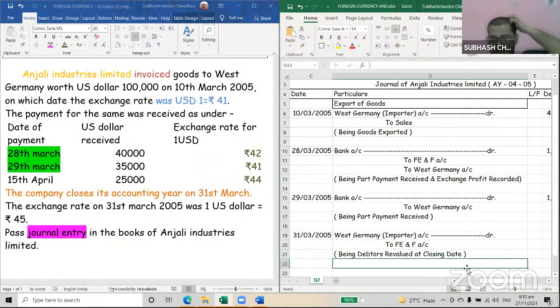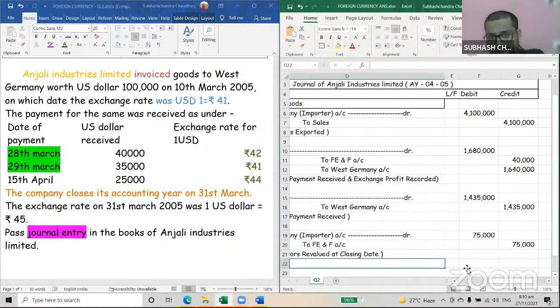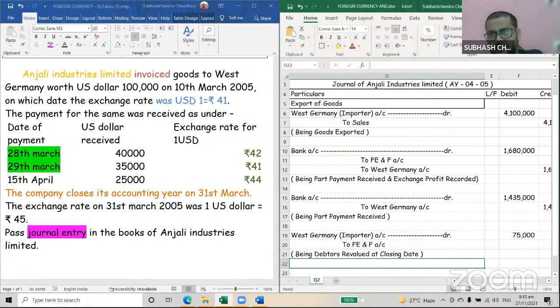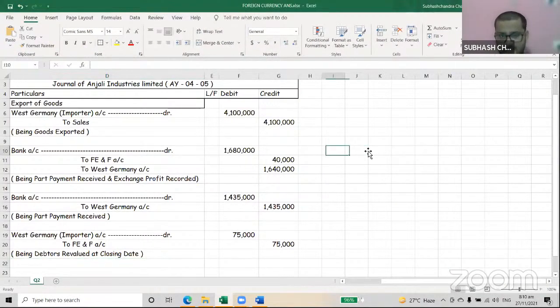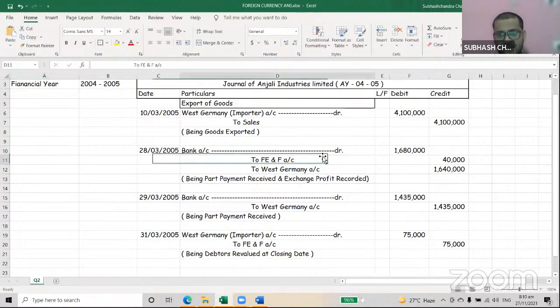Now, dear friends, you can see you have lots of exchange differences here. Check here. Here bank FEF account credit, that means we have a profit of 40,000.